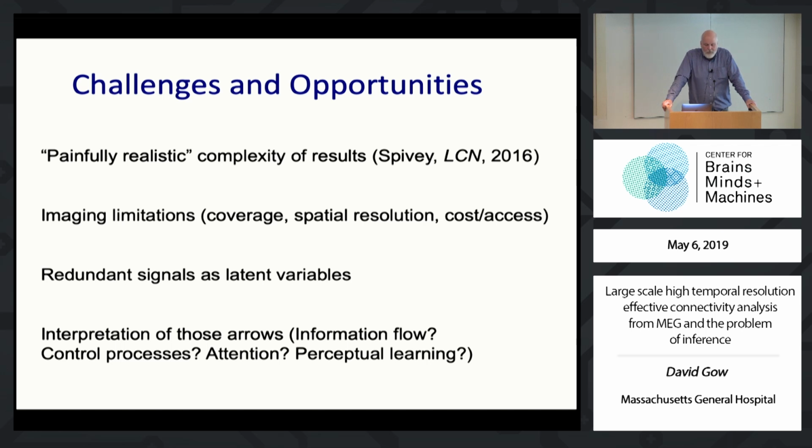Is this the flow of information, which formally is what Granger causation should be capturing? Are we looking at control processes, attention, perceptual learning? All of these have been raised as potential counter interpretations of some of our results. All that Granger tells us is that information in one area is changing information or changing representation in another. How you interpret that functionally is another big question, and one that I'm looking forward to working on.